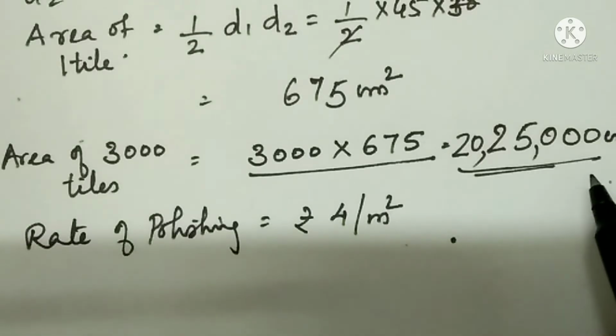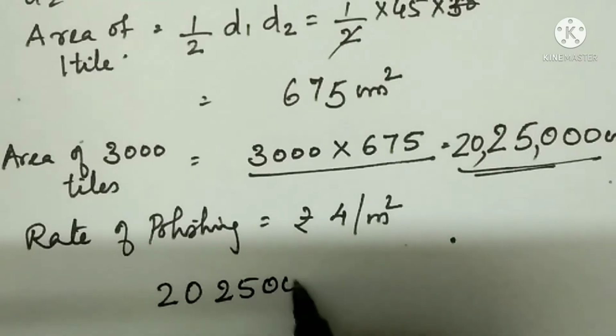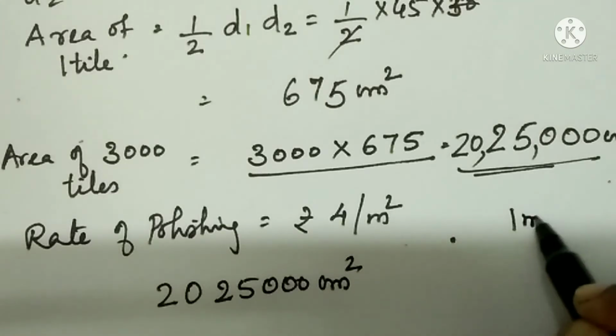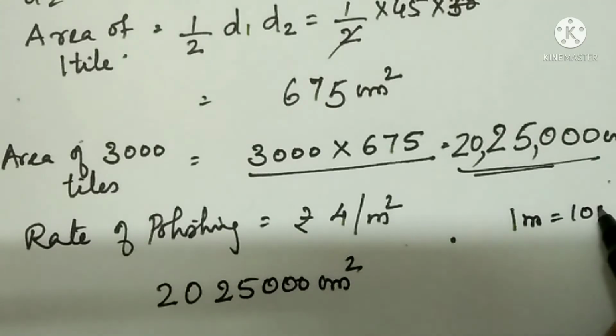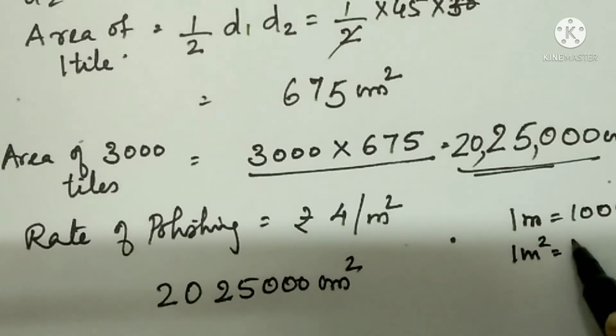So this you need to convert into meter square. How to convert? See, 202500 centimeter square. See, 1 meter is equal to 100 centimeter. So 1 meter square means 100 into 100 centimeter square.